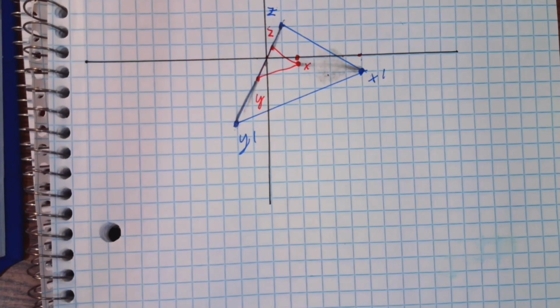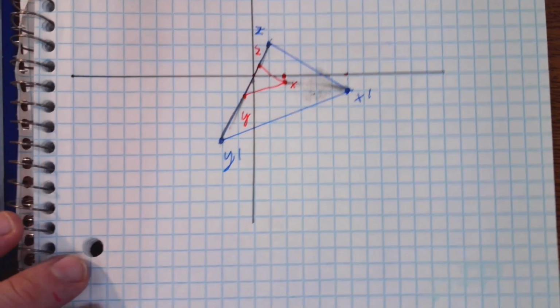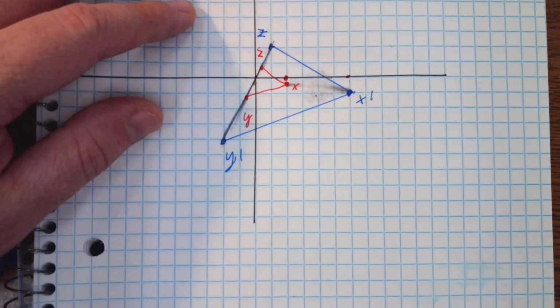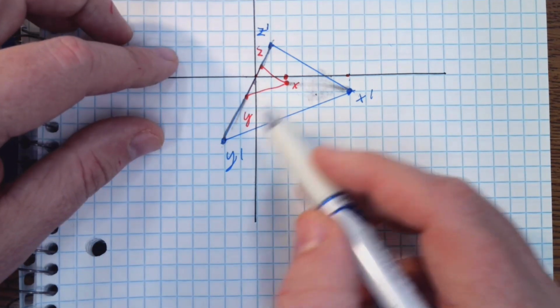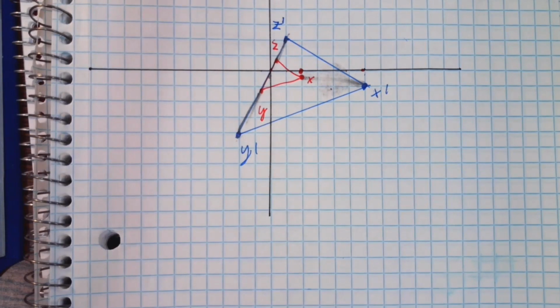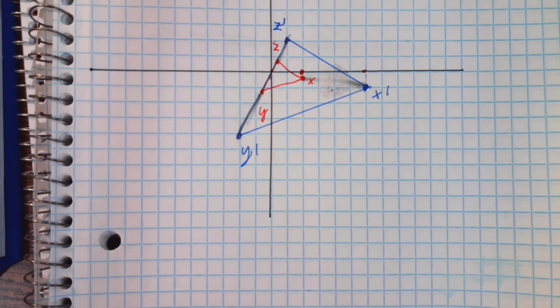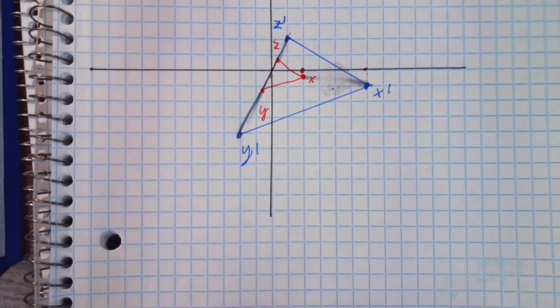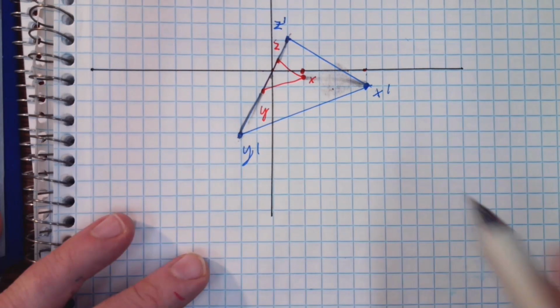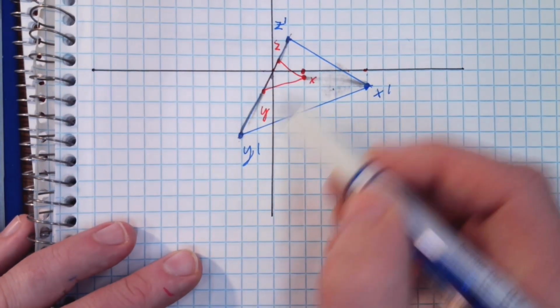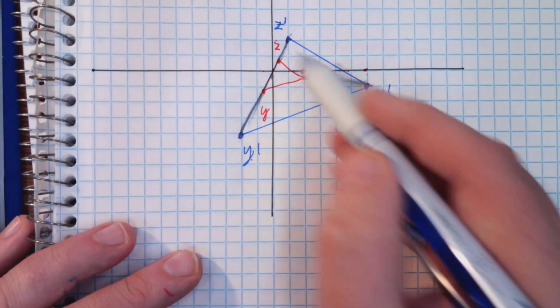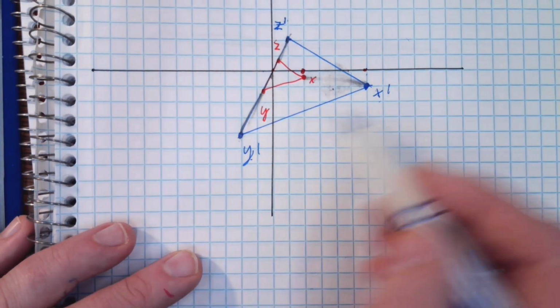Okay, and it should end up looking a lot like that. Well, I used the opposite colors on the answer, didn't I? Well, I did. That's bothersome. So the pre-image is, and the image has the prime symbols.